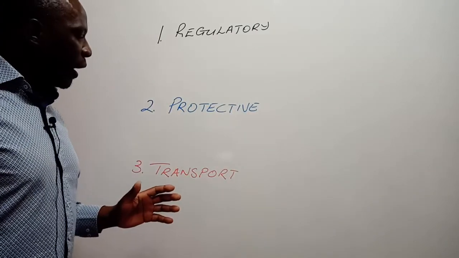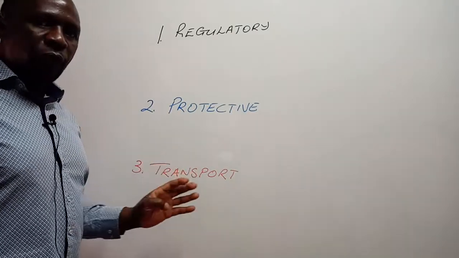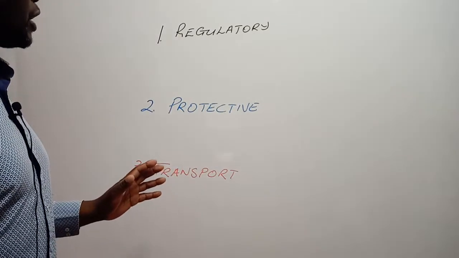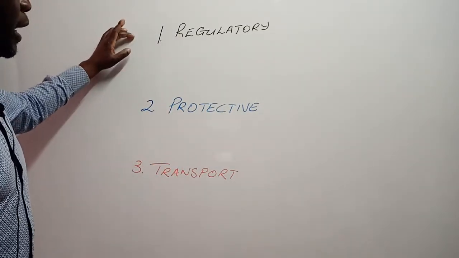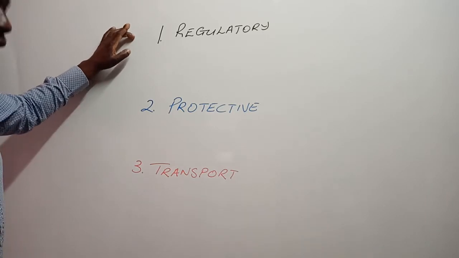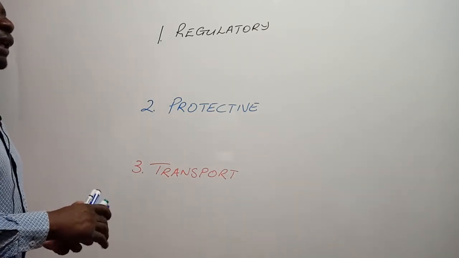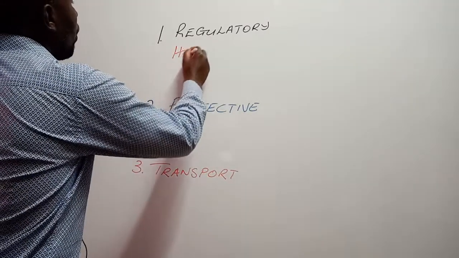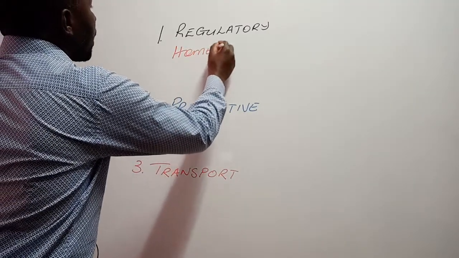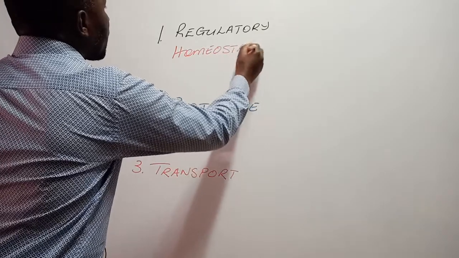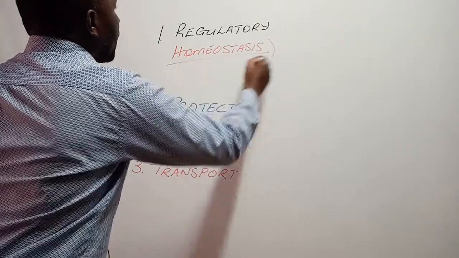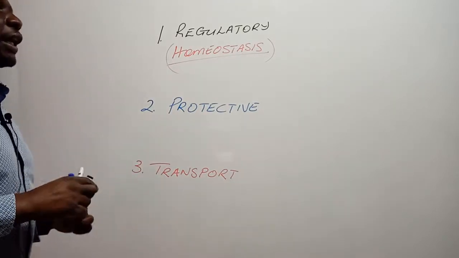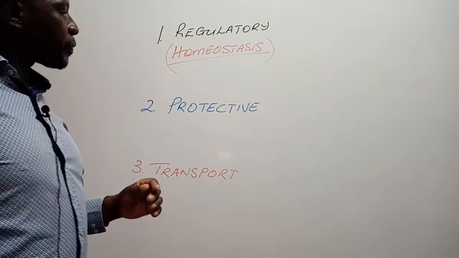Blood plays four functions in a human being. The first function is the regulatory function. The regulatory function is also known as homeostasis. That is the proper biological term for the regulatory function.